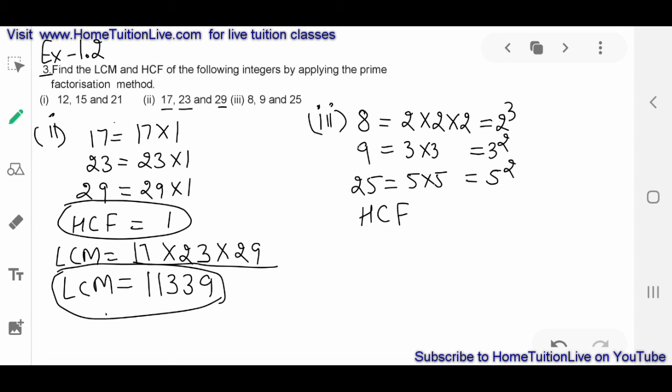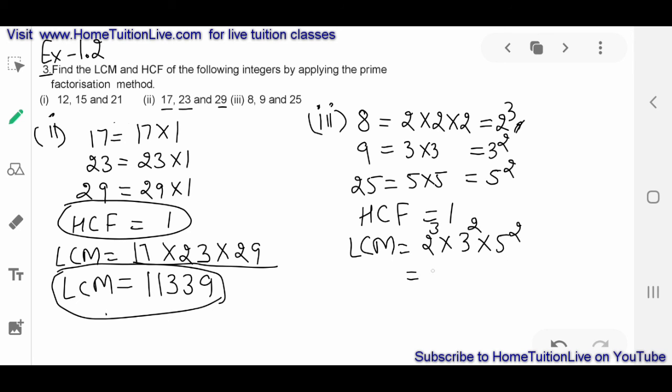So the HCF of 8, 9 and 25: is there a common prime number? There is no common prime number, so only 1. Then LCM: the prime numbers involved in each number's factors are 2, 3, 5, and the highest power of 2 is 3, of 3 is 2, and of 5 is 2.